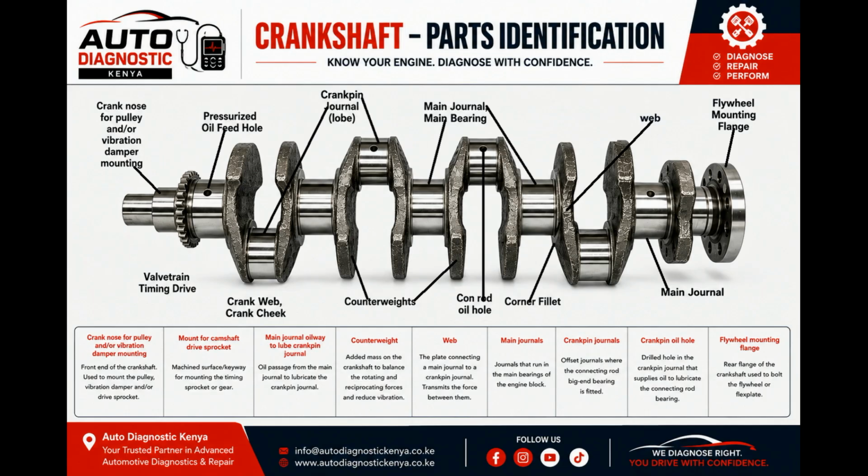However, on most modern engines, the crank pin will normally have main journals on each side. This provides strong support for the crankshaft. A common example is a four-cylinder engine with five main bearing journals. So, when you hear someone say five main bearings, they are talking about the points where the crankshaft is supported by main bearings.